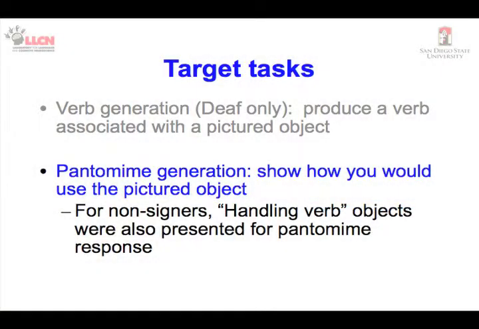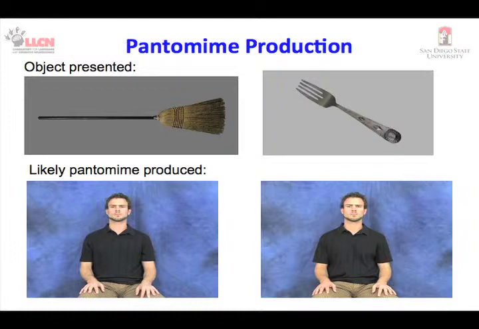Now for the pantomime generation task, they were told, show me what you would do with this object. We showed hearing people also those pictures that we asked signers to generate verbs to, the picture of the pen and the hammer. We asked hearing people to generate pantomimes, so we could compare for the same object a verb versus a pantomime. So here are pictures that we asked both deaf people and hearing people to generate pantomimes to.